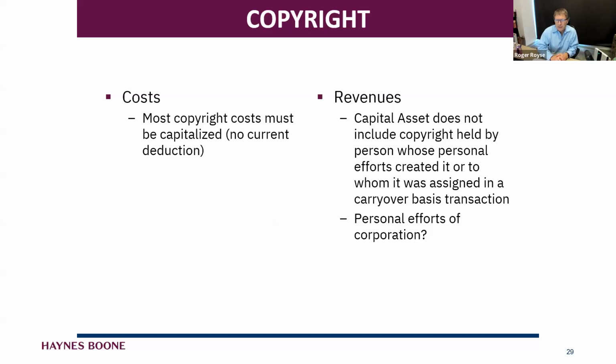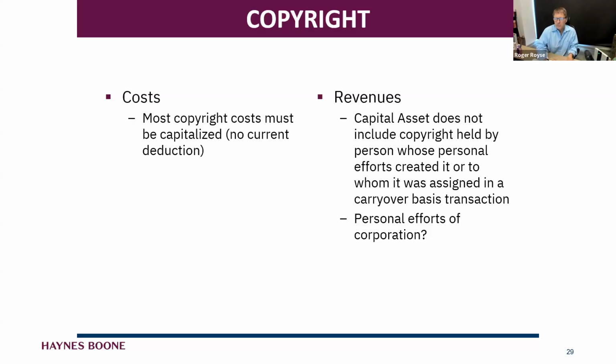On the revenue side, if you sell a copyrighted item or sell a copyright, you might think you get capital gain if you've held it for a year and met all the requirements. And that's generally true, but there are some real exceptions for copyright. The big one is a copyright held by a person whose personal efforts created the copyright.